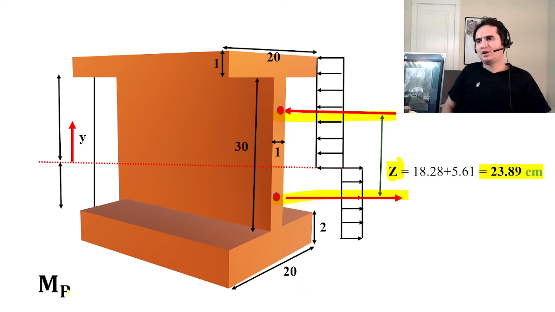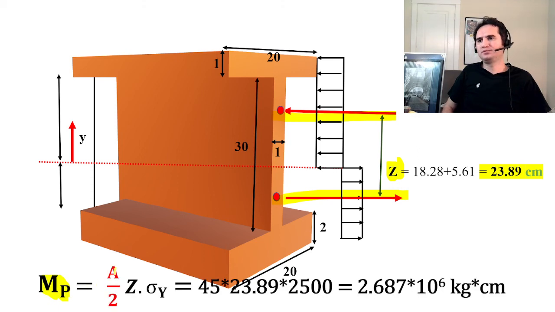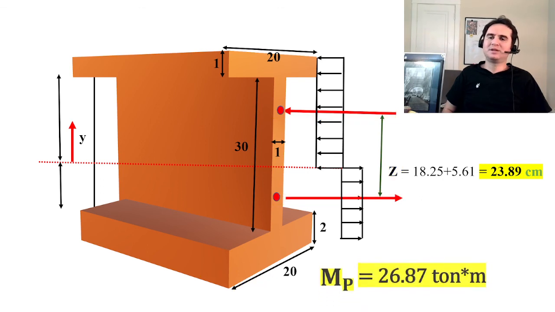Plastic moment is equal to half of the area times Z times sigma Y. Z is the distance between the two centroids, and sigma Y is provided in the problem statement as 2500 kilogram over centimeter squared, and 45 is half of the area. We just calculated Z to be 23.89, and if you do the math, it gives you a numeric value in kilogram times centimeters.